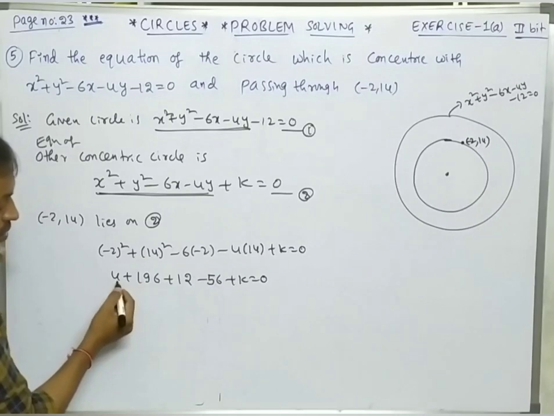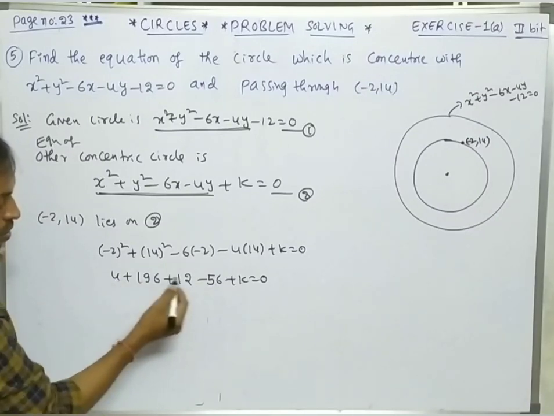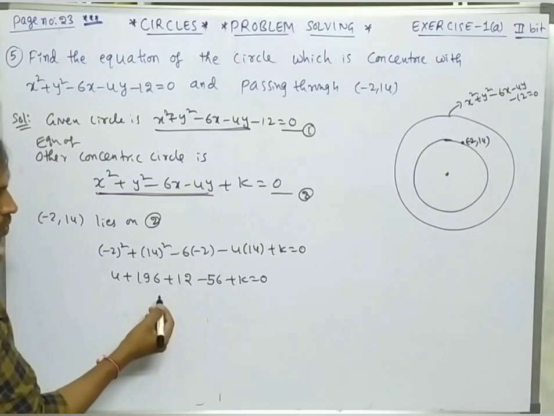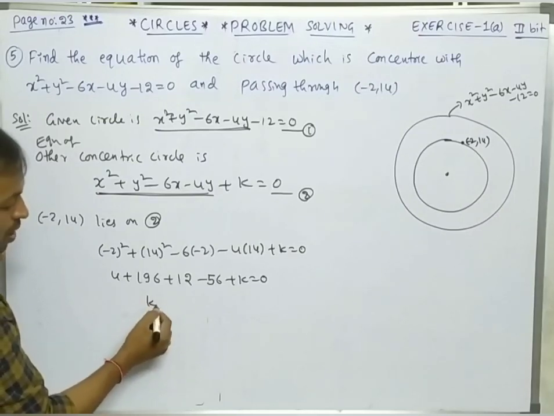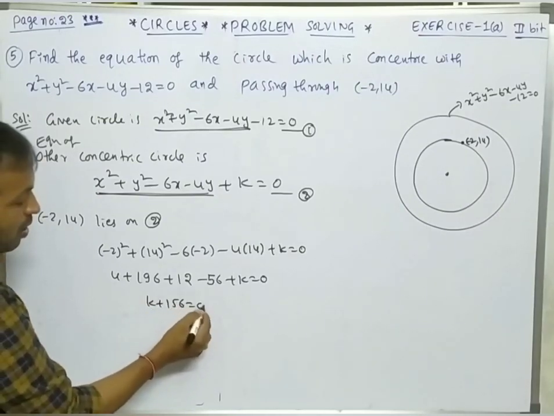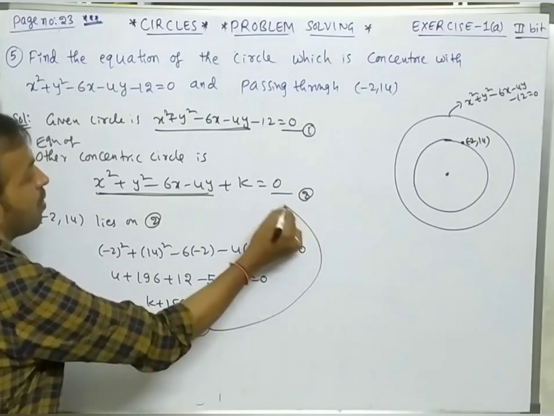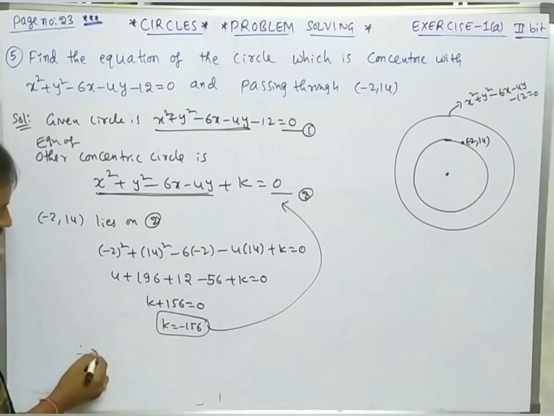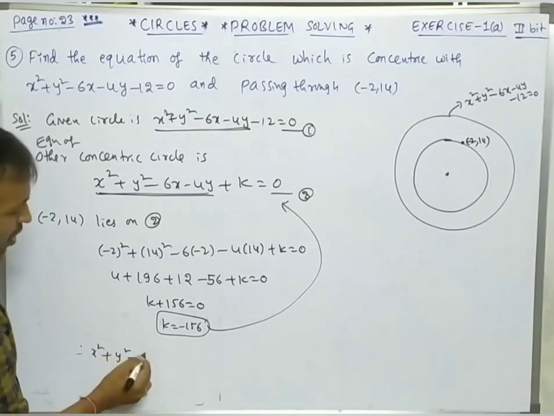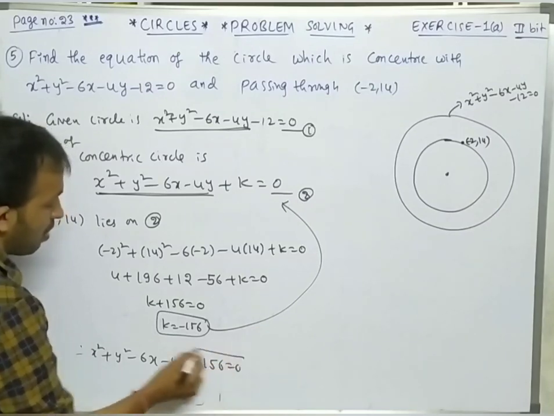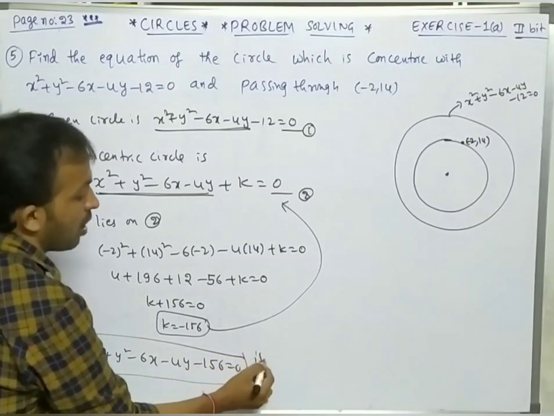So 196 plus 4 is 200, minus 44, 200 minus 44 is 156. So k plus 156 is equal to 0, k is equal to minus 156. Substituting this, x square plus y square minus 6x minus 4y minus 156 is equal to 0 is the required circle.